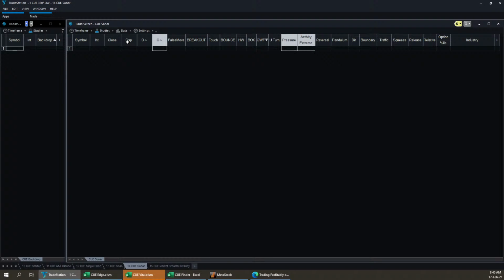Or you could also look at the gap plus change from previous close and pressure or activity columns together. Sometimes they give very interesting trade setups.